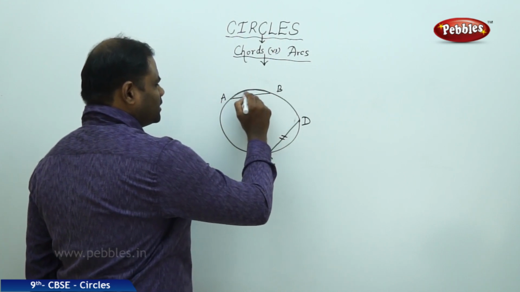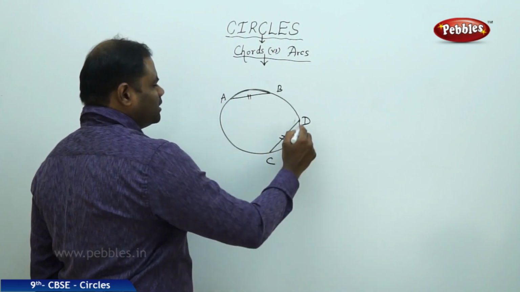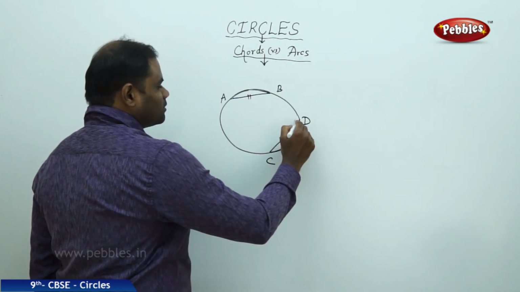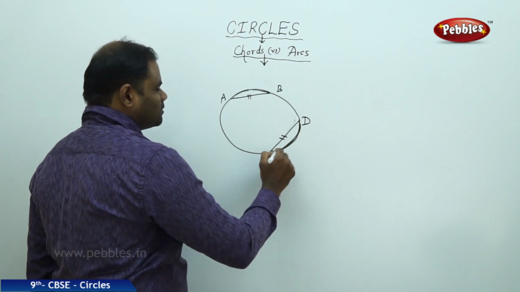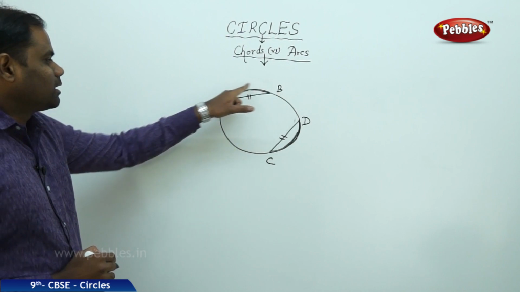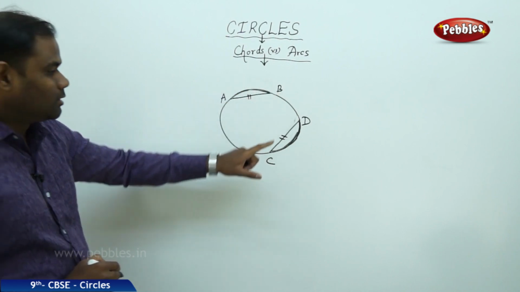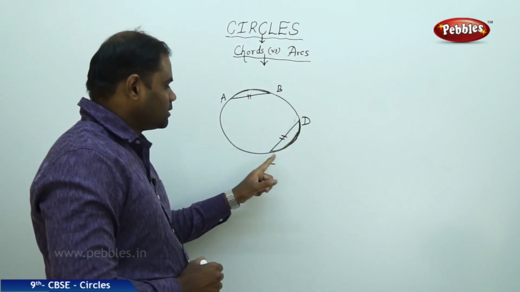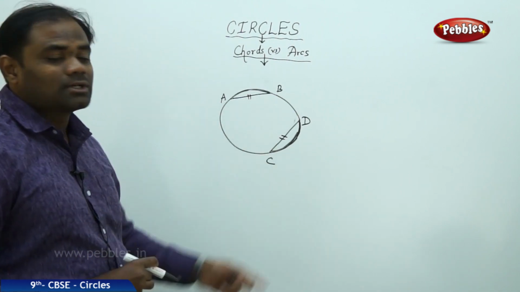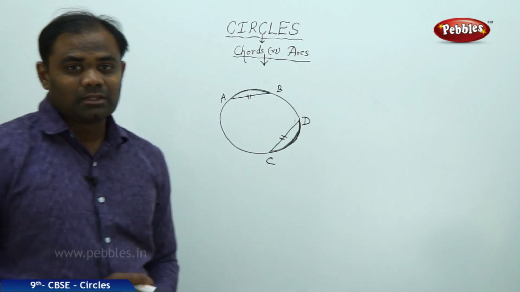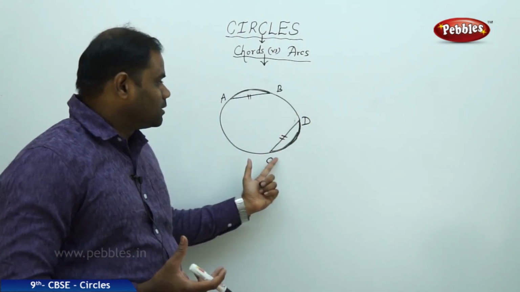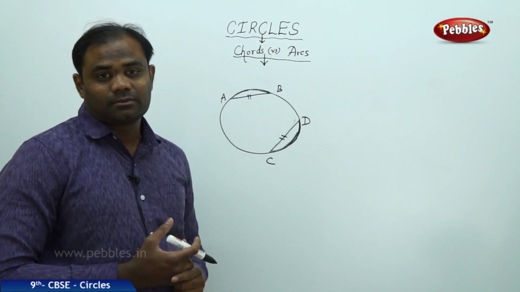This is the arc length made by the chord AB, and this is the arc length made by the chord CD. The property says that the arc length made by the chord AB will be equal to the arc length made by the chord CD, simply because the two chords are equal. That means if two chords are equal, then they make equal lengths of arcs.